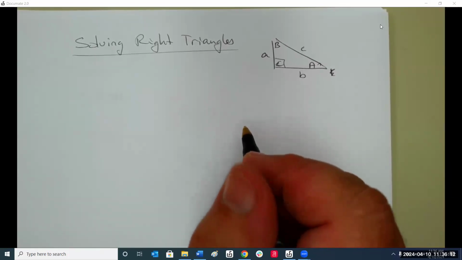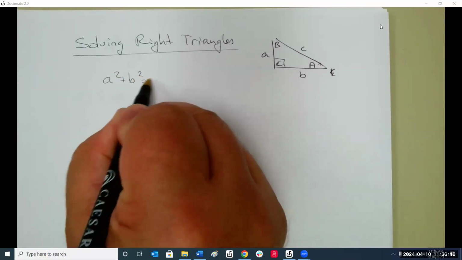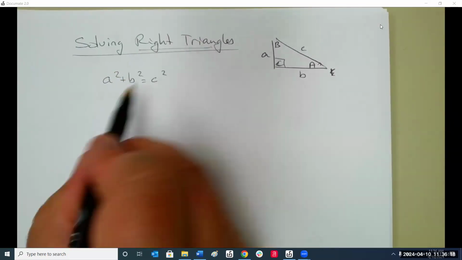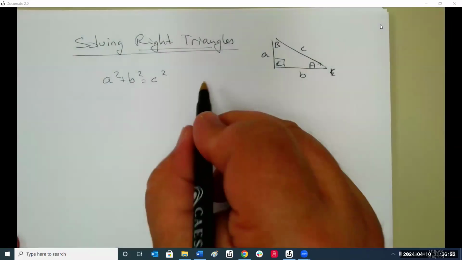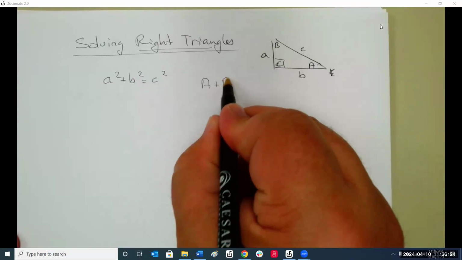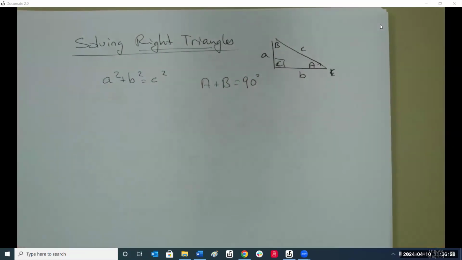We've used a lot. Whenever you deal with right triangles, you always deal with Pythagorean theorem. And we also dealt with complementary angles. We'll only need this information. Let's look for example here. We only need this information to solve what we're looking for.